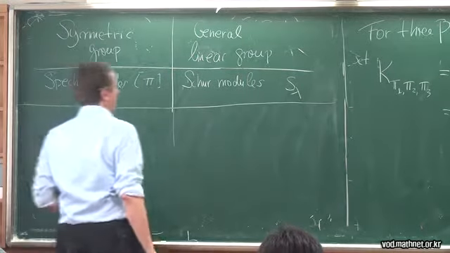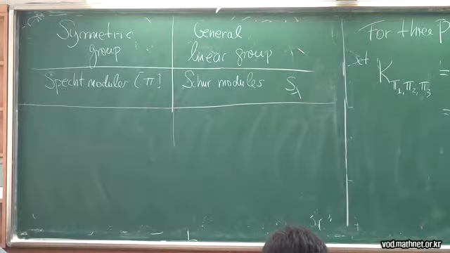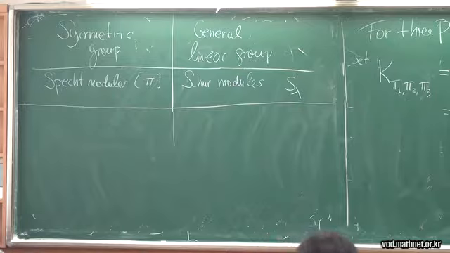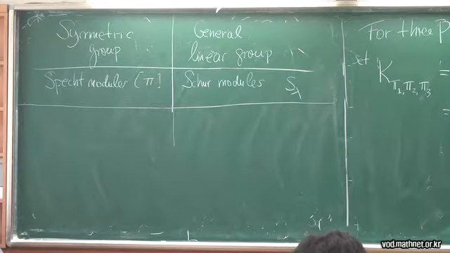Now for both groups, for any group, we have structure constants. The structure constant says if you take two irreducible representations, Alice and Bob, and you take their tensor product, then Alice tensor Bob decomposes as a direct sum of irreducible representations. So the structure constant for the triple Alice, Bob, Charlie is the multiplicity of the irreducible representation Charlie in the tensor product of Alice and Bob.